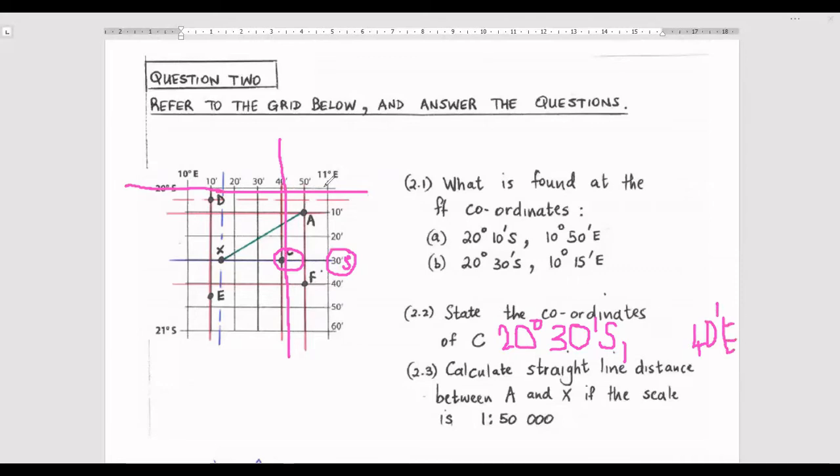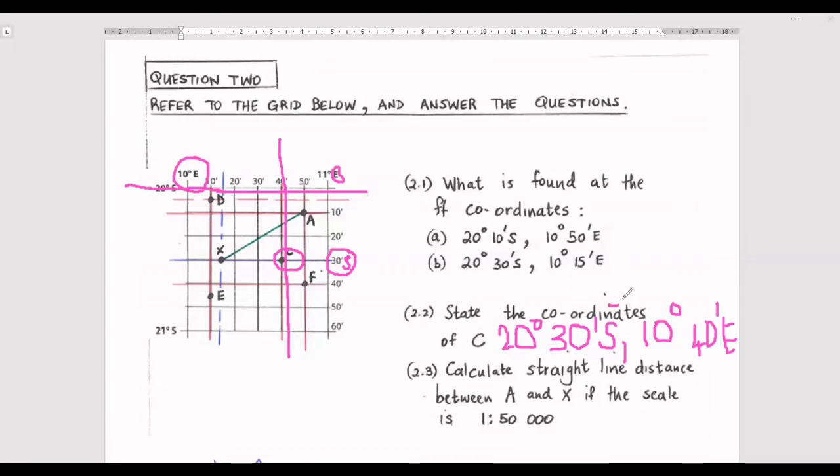We can see it's found in the eastern hemisphere. Now we want to know what the degree value is. You can't take 11 degrees because you haven't gone all that way. So you're going to work this way and check. Now it starts from here. And there's the answer: 10 degrees and 40 minutes east.